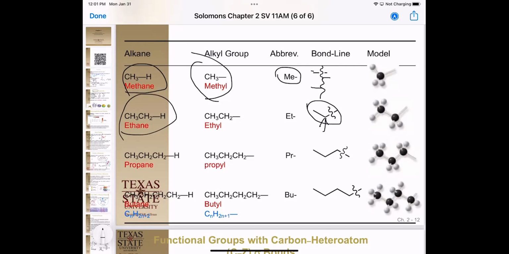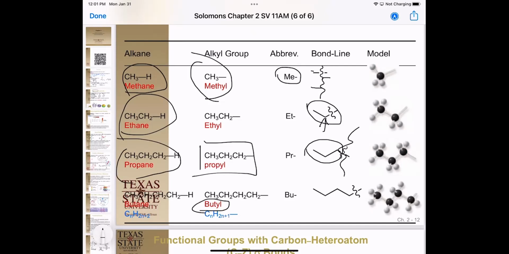Okay. Now, if we go up 1 with 3, we're calling that propane, which gives us our propyl group. YL again is a substituent, which would give us 3 carbons on that chain hooked to some larger molecule. And then our bigger one here, our last one we're going to talk about, is butyl, which again would give us 1, 2, 3, 4 carbons in our line drawing, and that's our butyl.